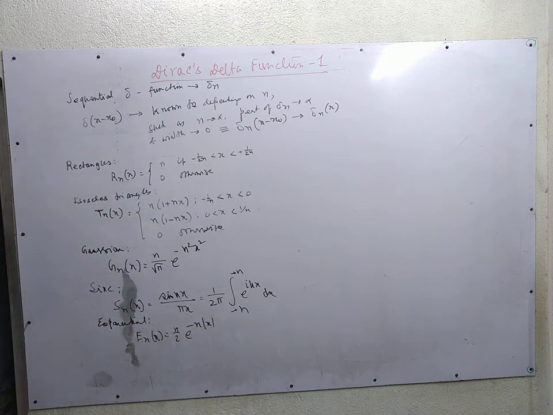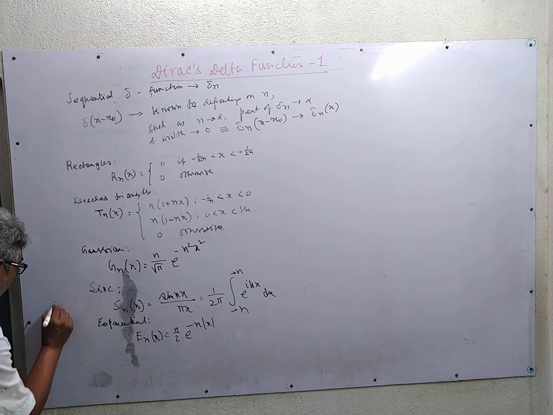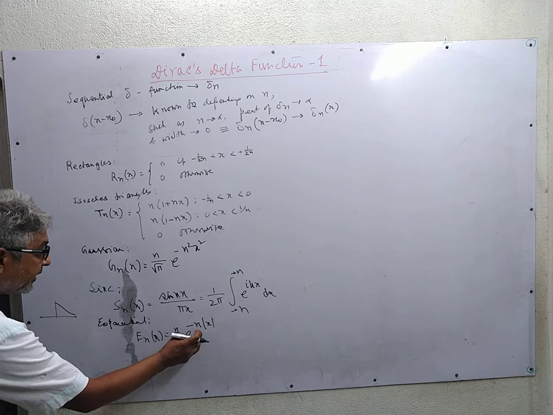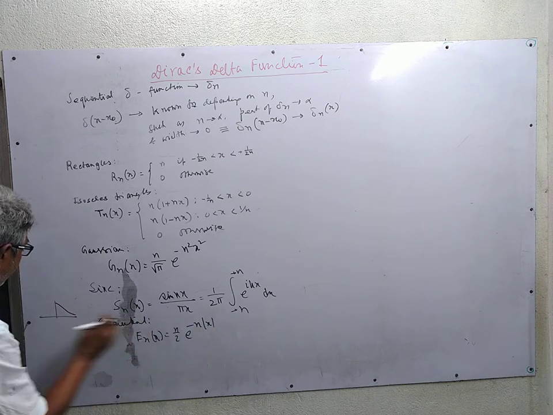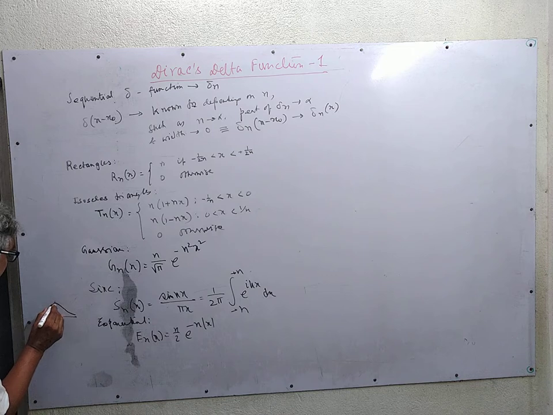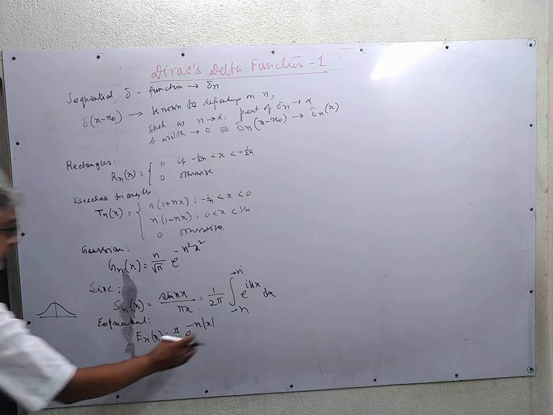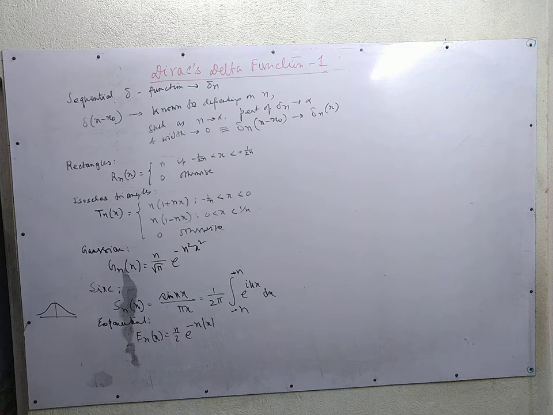This mod x is required because if we plot this in the positive range, e to the power minus nx will fall, and in the negative part it will have a rise. To eliminate this rise and to make the curve symmetric about x equal to 0, this mod x part is included. And lastly, I will mention a very important representation.